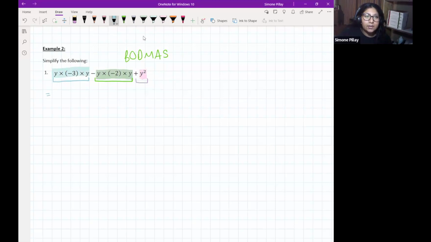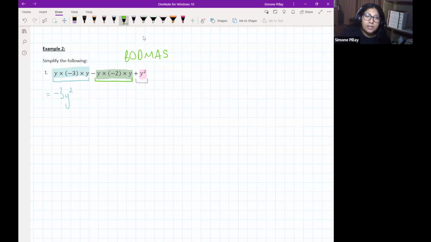It's y times y, which I can make y squared, times -3, which is just -3y squared. It's very easy to get confused with things like this. But remember, guys, my terms are things that are separated by pluses and minuses. Everything that I've highlighted up here was not separated by pluses and minuses. They were separated by multiplication, which means they were all one term.